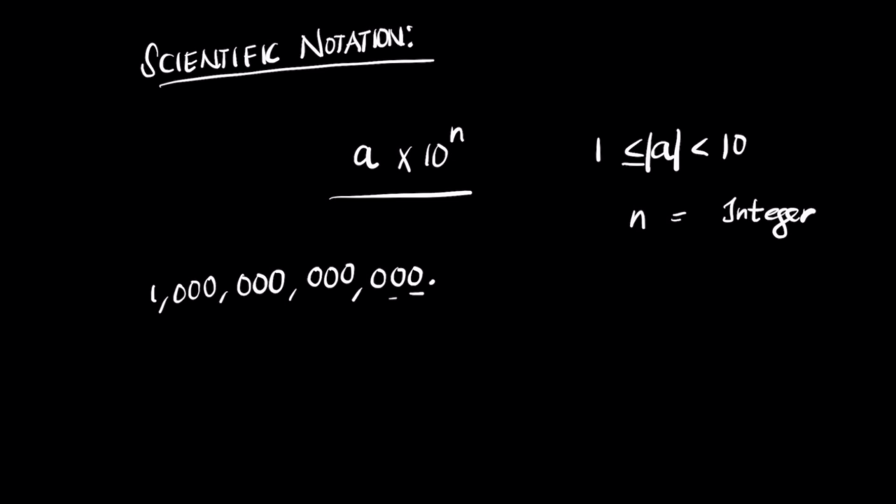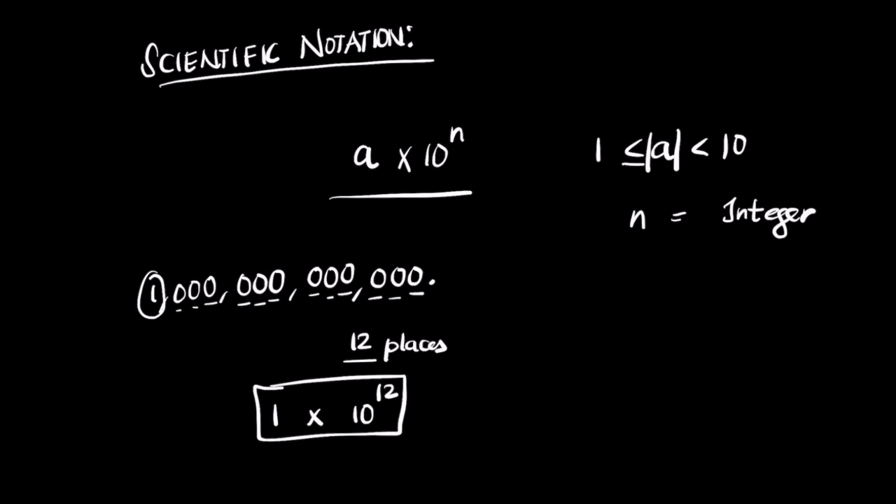So 1, 2, 3, 4, 5, 6, 7, 8, 9, 10, 11, 12. So now this is the integer. So what do you do now? There are 12 places after 1. So now write 1 in the front times 10 to the power, and write down the number of places of 0. So 12. This is the value. This is how we write the scientific notation.